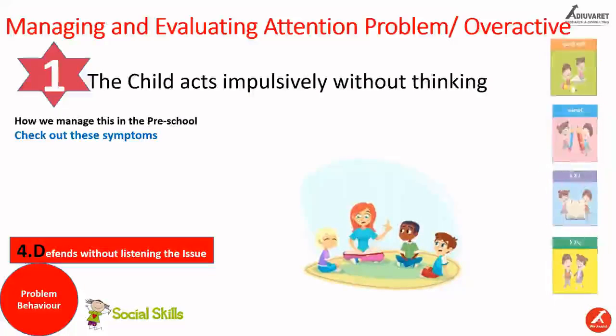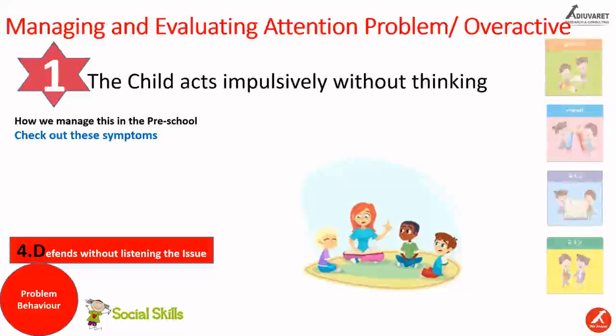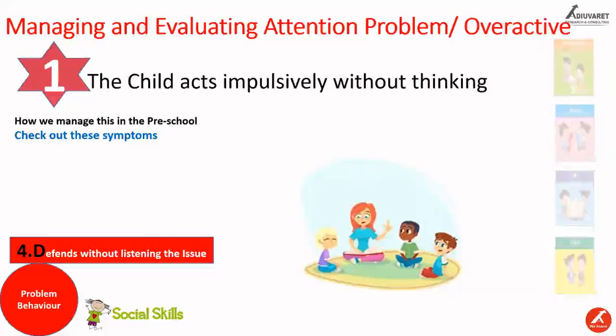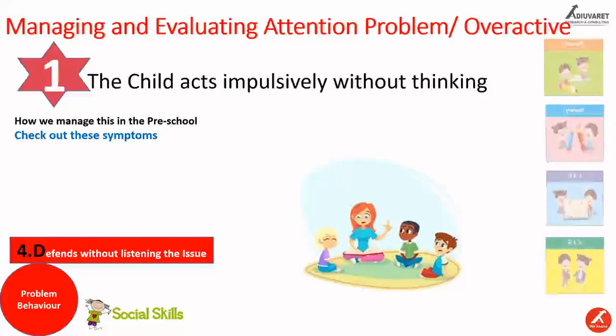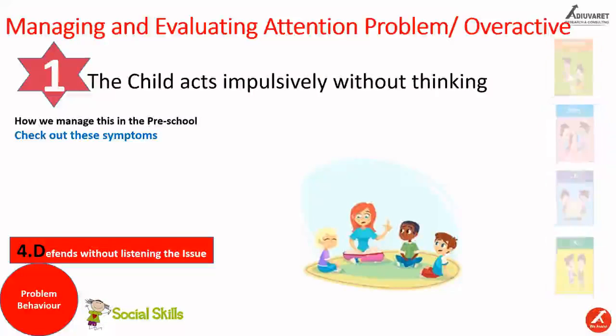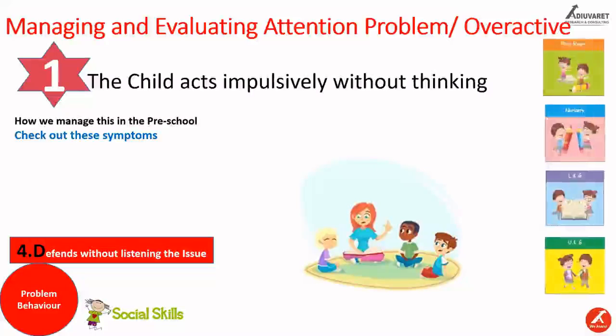If we come across any children jumping into a discussion and talking proactively without listening to others or without letting others complete, that is also categorized as a kind of impulsive behavior of the child. So the fourth D is about defending self or defending others without listening to the issue.